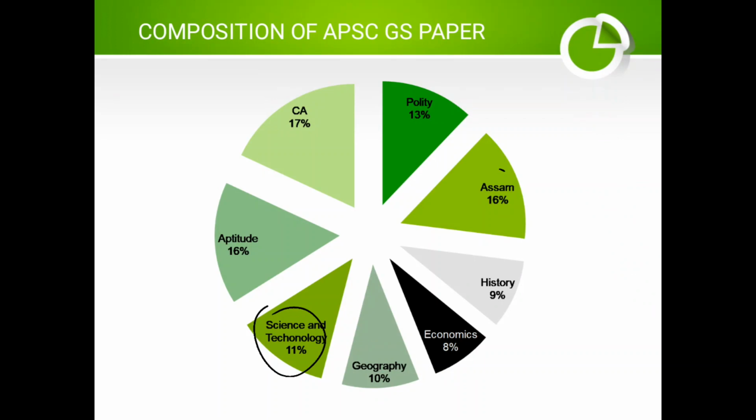The questions asked from science and tech are usually from environmental science, or are somehow linked to current affairs or news going around at that time. Suppose the COVID-19 situation is there, questions might be asked regarding the vaccines being produced and the steps being taken, which you can include in both current affairs as well as science and tech.